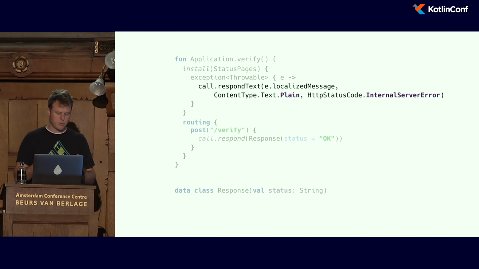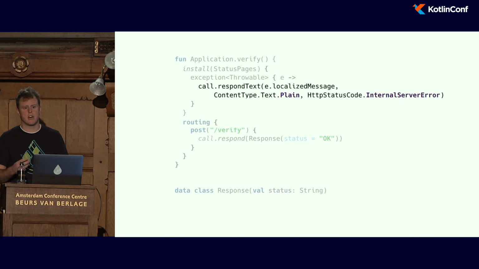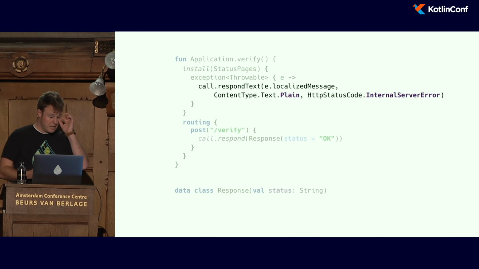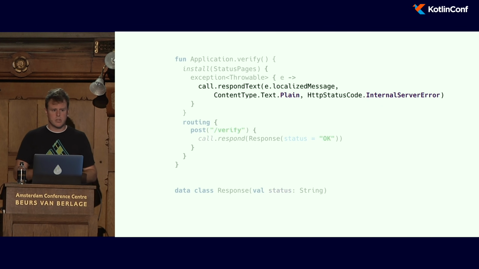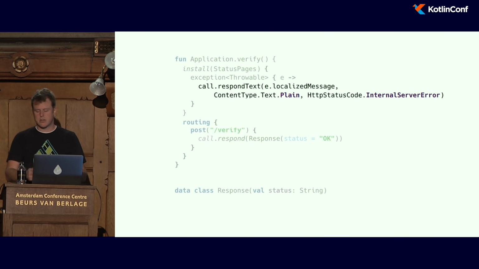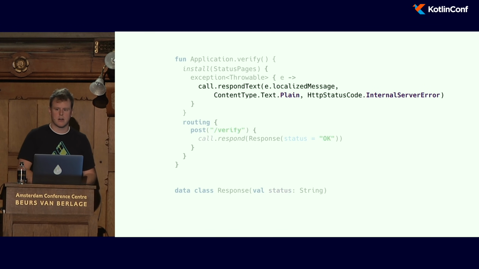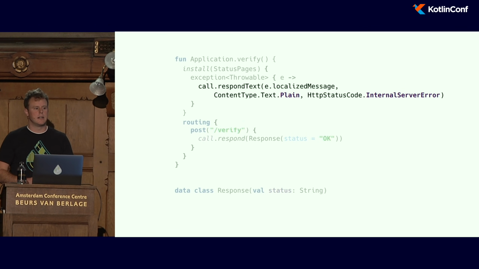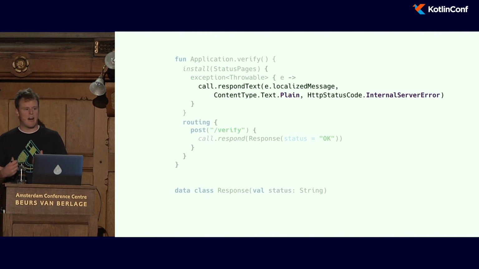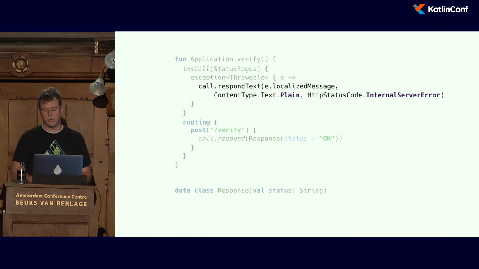In this case, we're going to respond with just the text, the message of the error, and a response code internal server error. You can set up status pages so that there are different responses for internal server errors or authentication errors, anything like that, and return whatever you want. And we'll see a bit later on how easy this makes the rest of our code.